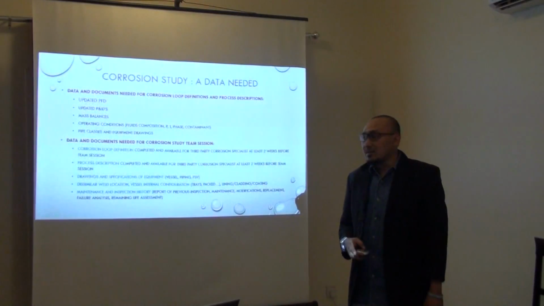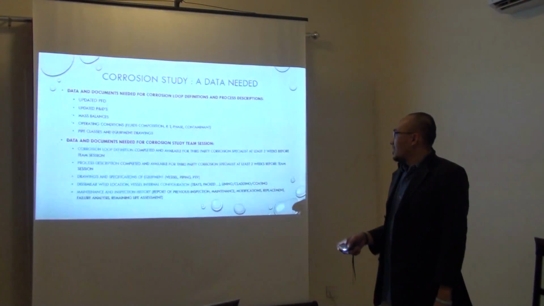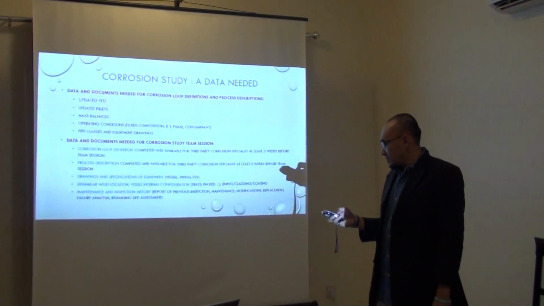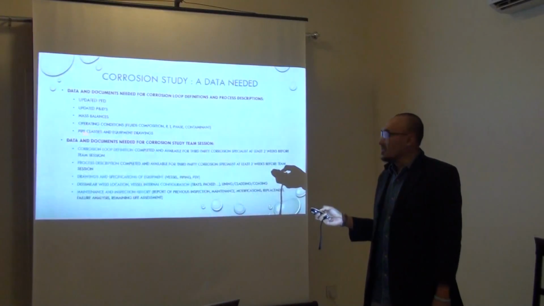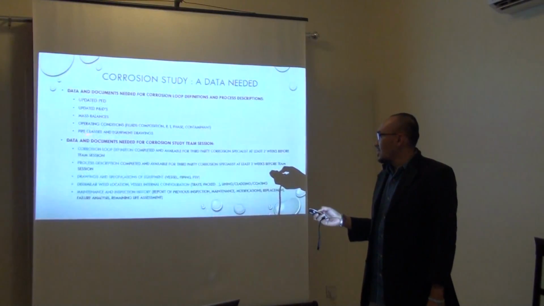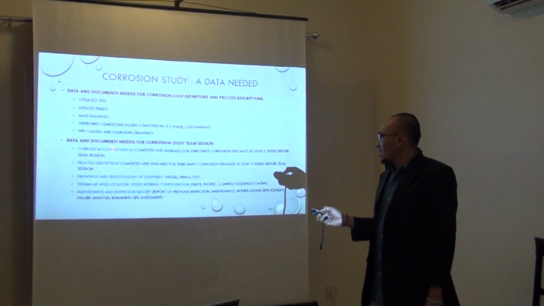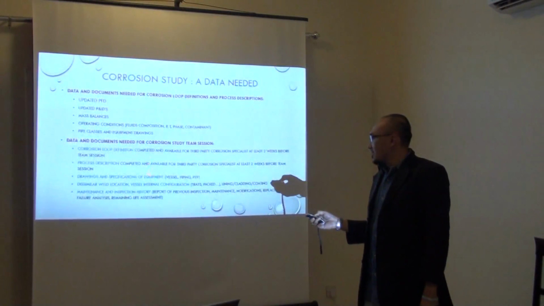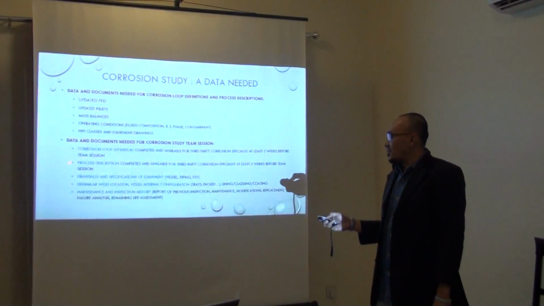In the corrosion study, we have data that we need to work with, from the updated PFD and updated PNID. There is also the mass balance, the operating condition, the pipe class, and the equipment drawings. From this data and these documents, we define the corrosion loop and make a process description.